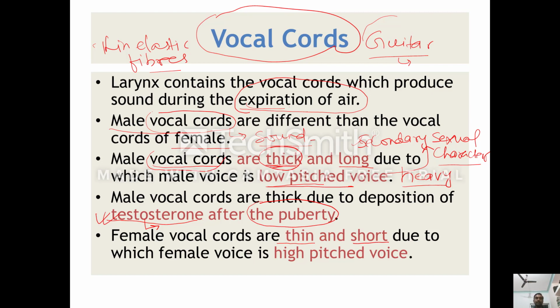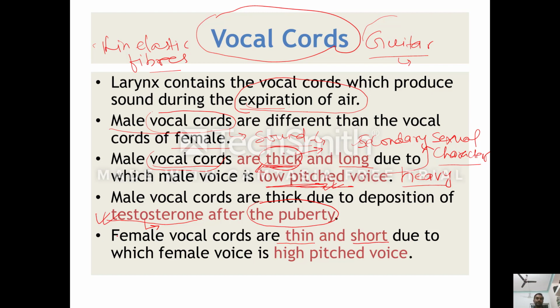Due to the thickness of the vocal cords, the frequency of vibration is less, and the lower the frequency of vibration, the lower the pitch of the voice. Hence the male voice is low pitched.